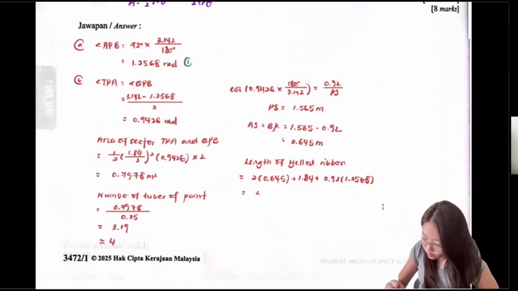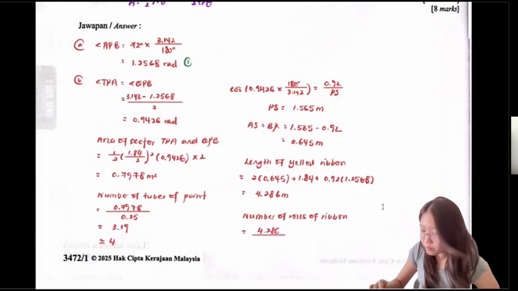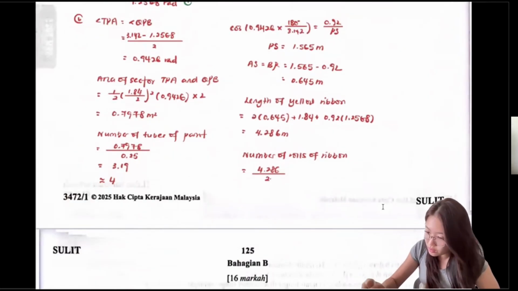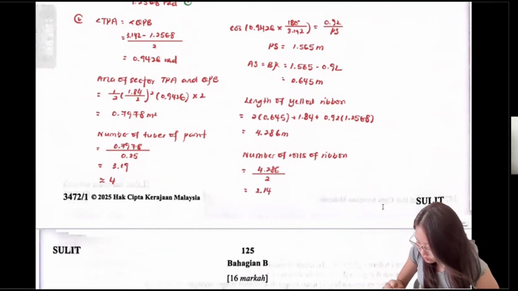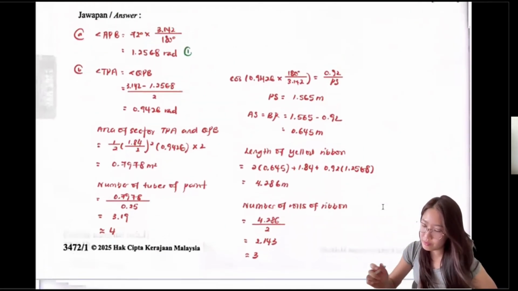This is 4.286 meters. So number of rolls of ribbon. 4.286 divided by 2, because one roll of ribbon can cover 2 meters. You get 2.143, which means you need 3 rolls of ribbon.